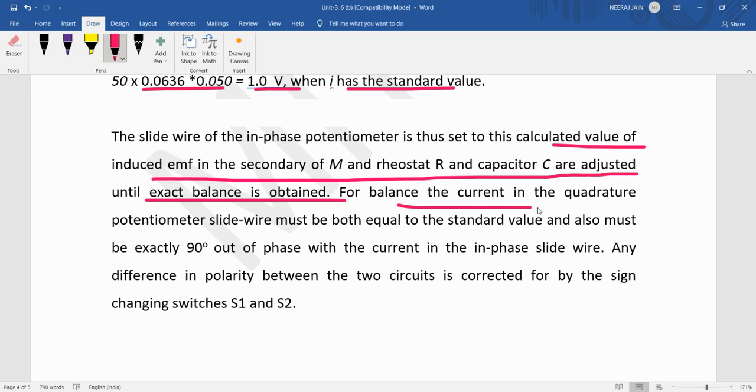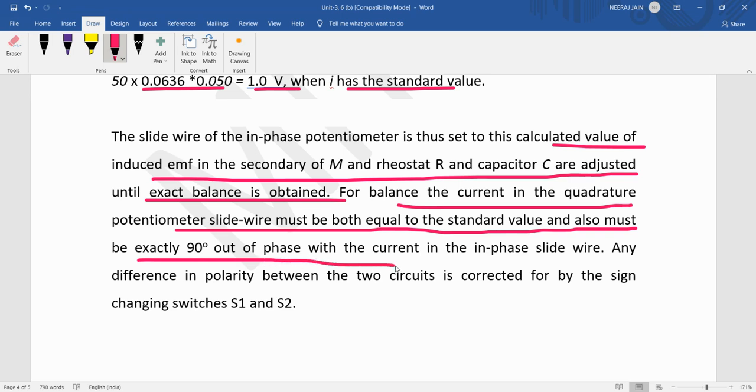For balance, the current in the quadrature potentiometer slide wire must be equal to the standard value, and must also be exactly 90 degrees out of phase with the current in the in-phase slide wire. Any difference in the polarity between the two circuits is corrected by the S1 and S2 switches.